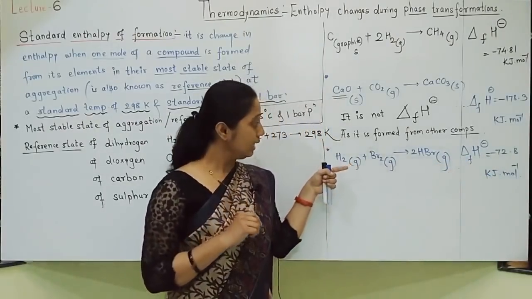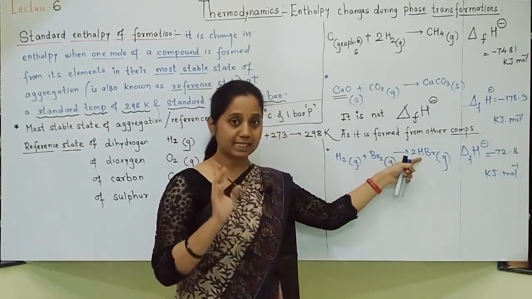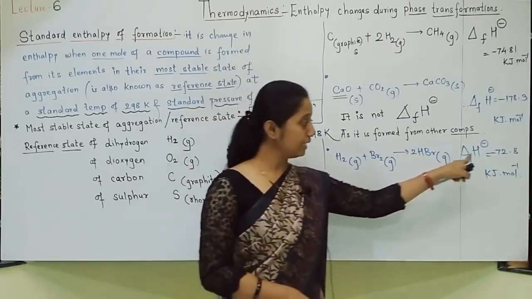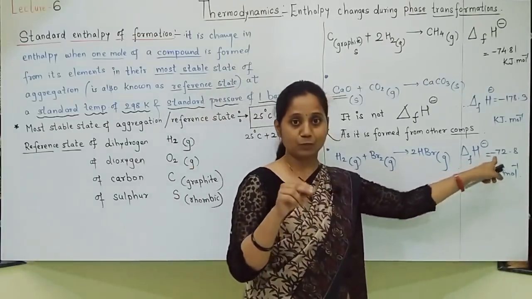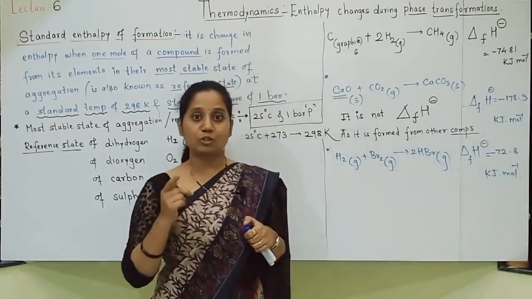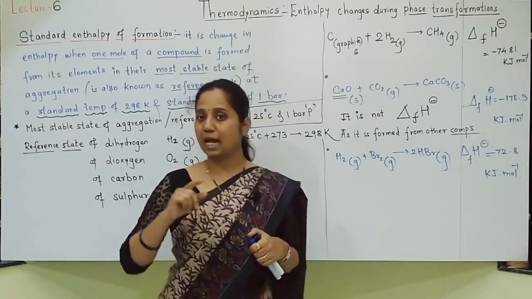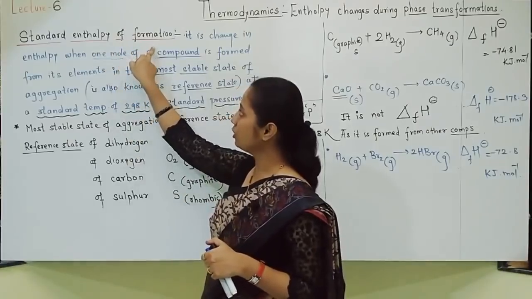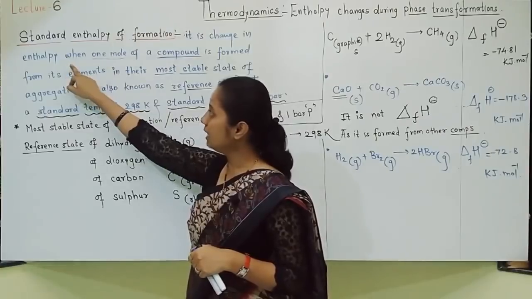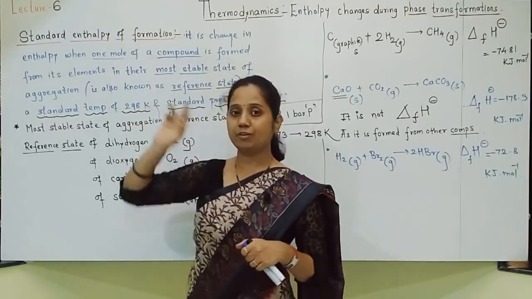Now, see students. Here HBr is formed, that is correct. But how many moles are formed? 2 moles are formed. So this value is for 2 moles. So what should be your answer? What is the standard enthalpy of formation of HBr? You should know that standard enthalpy of formation is always the change in enthalpy for 1 mole of compound.